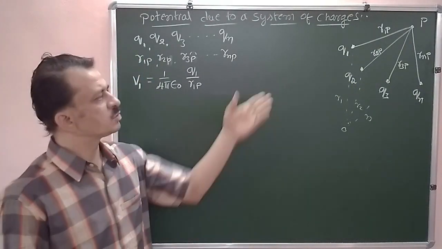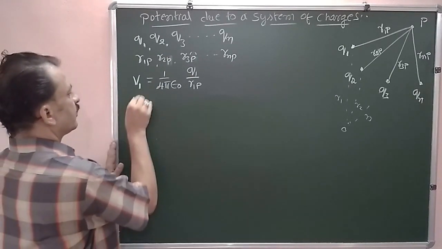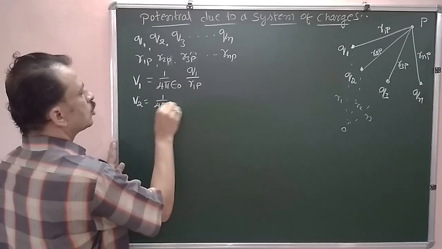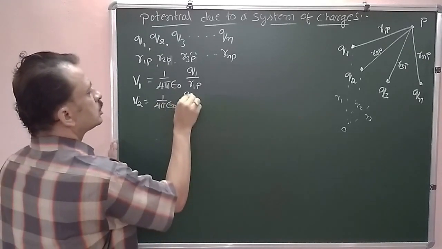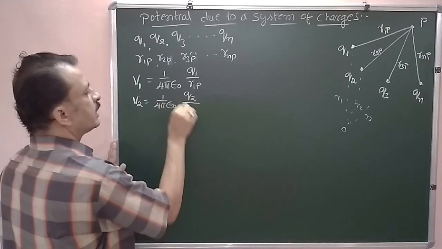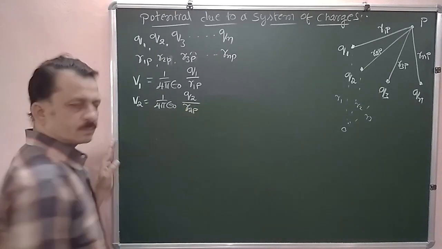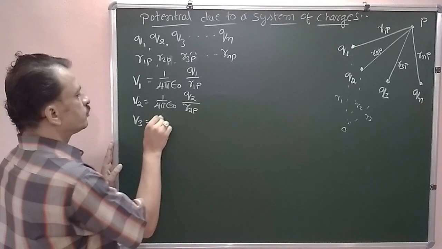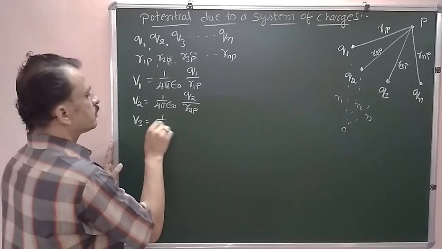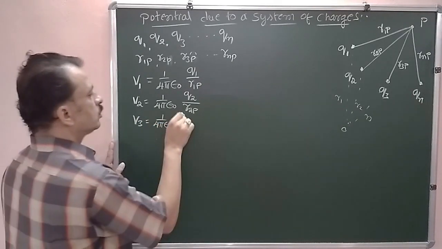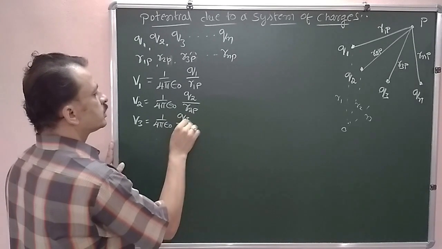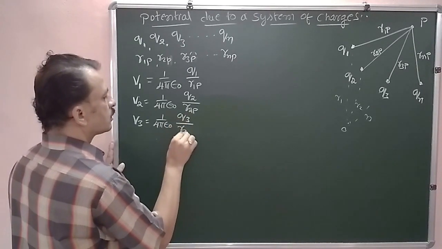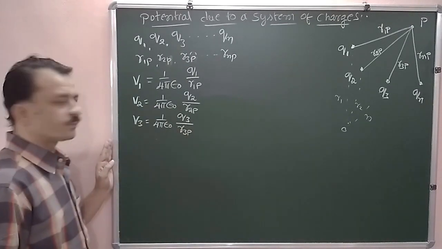Similarly, the potential due to the second charge is V2 equal to 1 divided by 4 pi epsilon naught into Q2 divided by R2P. Due to the third charge, V3 is equal to 1 divided by 4 pi epsilon naught into Q3 divided by R3P.